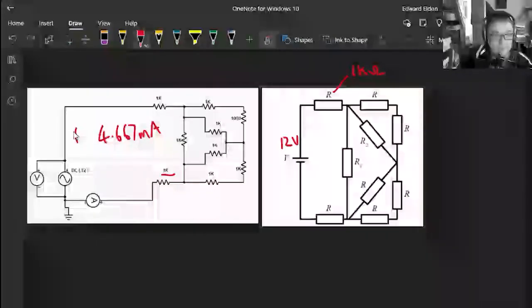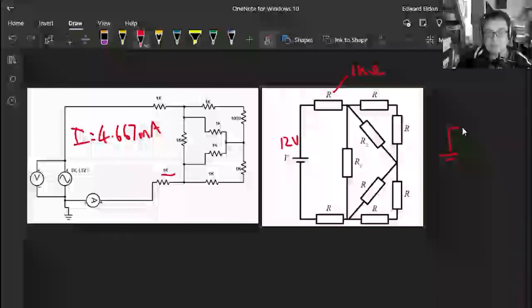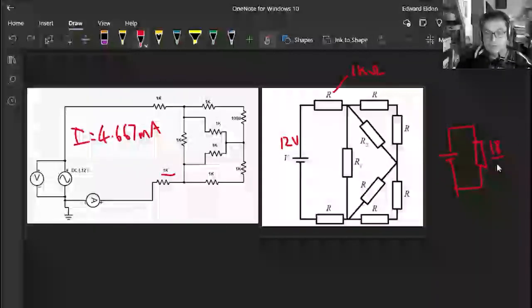And that was when the current was equal to 4.667 milliamps. So what we've worked out is that we can replace all the resistors in the second diagram with one simple resistor that has a value of 18/7 times R. And R we set to 1000 ohms. So in other words, we should have 18k divided by 7 as our resistance.